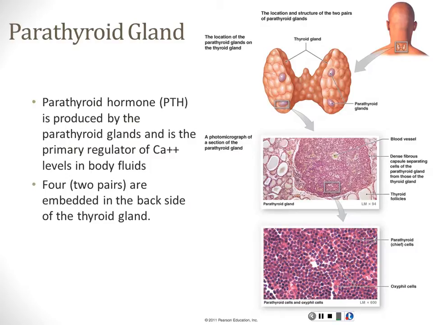Now we know they do exist, mostly because of surgery's gone bad, but the parathyroid glands sit inside the thyroid, but they do something totally different, and that is they control calcium homeostasis. The parathyroid glands, four of them, superior and inferior and a left and right, they produce a hormone called parathyroid hormone, not surprisingly, and parathyroid hormone's job is to increase circulating calcium levels in the body, okay?